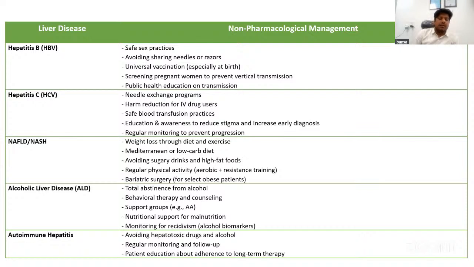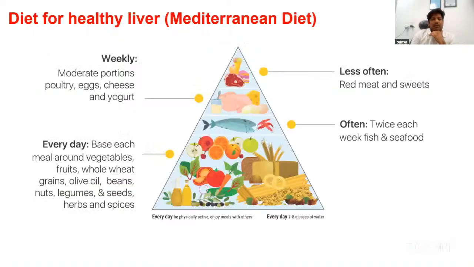Like after stoppage of alcohol, the patient can go back to alcohol again. Autoimmune hepatitis: avoid hepatotoxic drugs and alcohol, regular monitoring and follow-up, and patient education about adherence and long therapy.